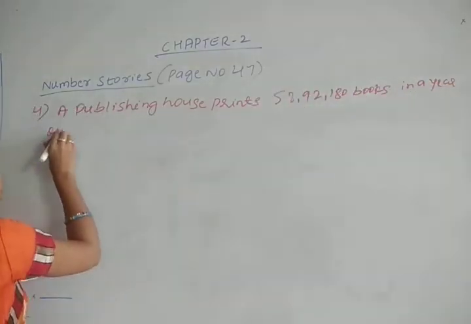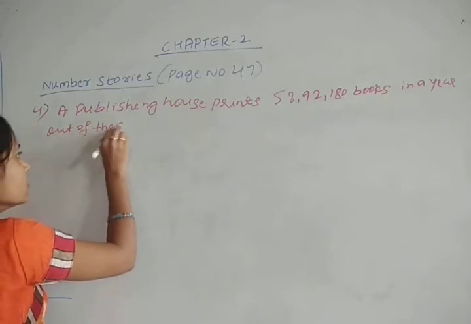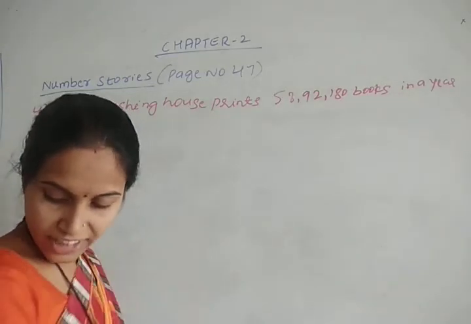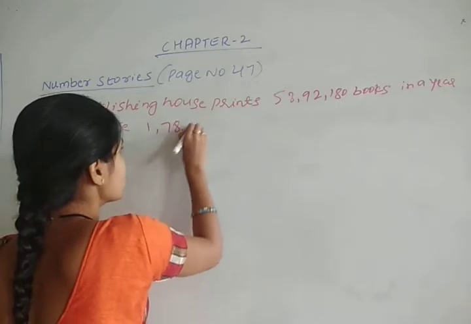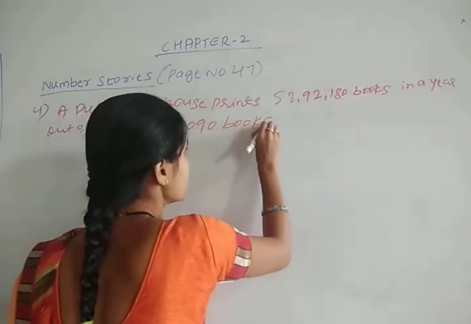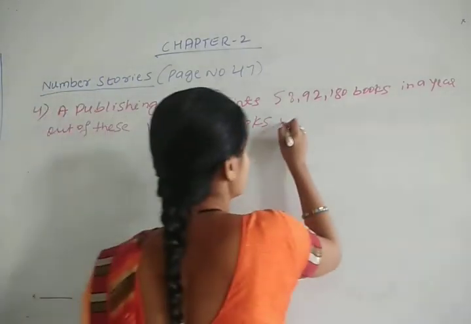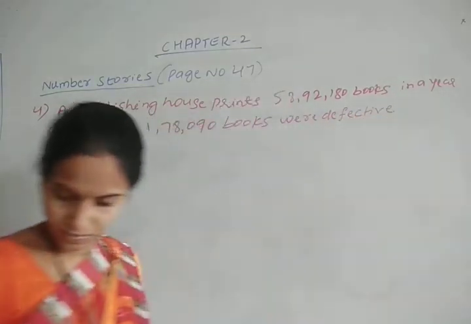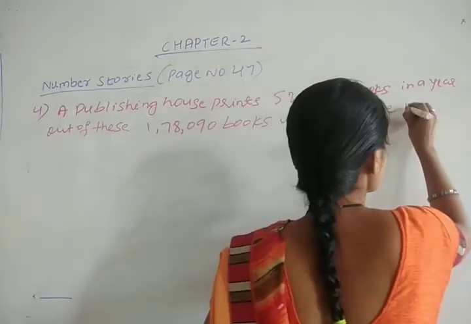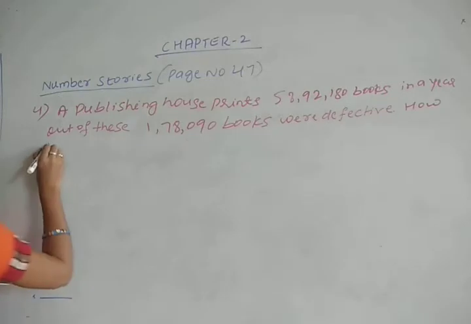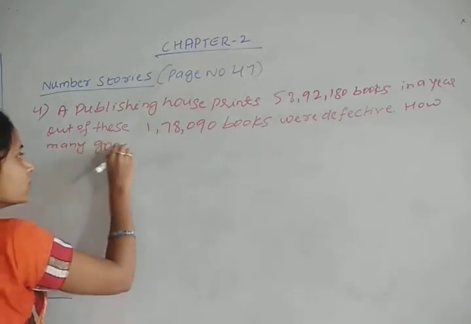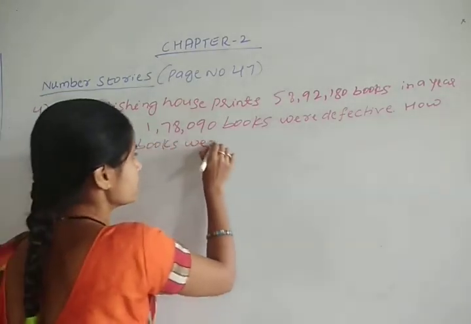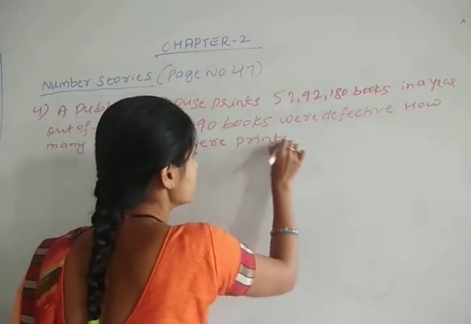Out of these, 1,78,090 books were defective. How many good books were printed?